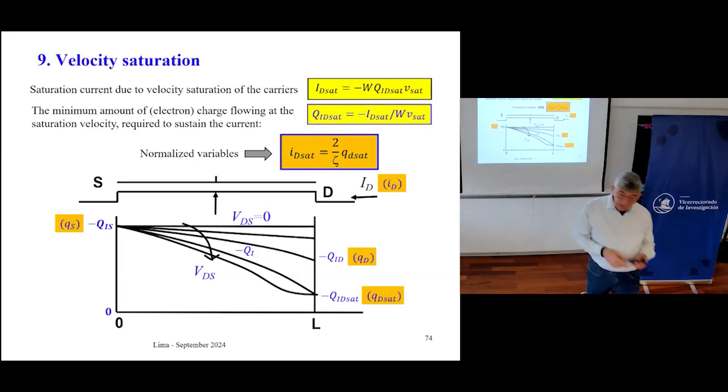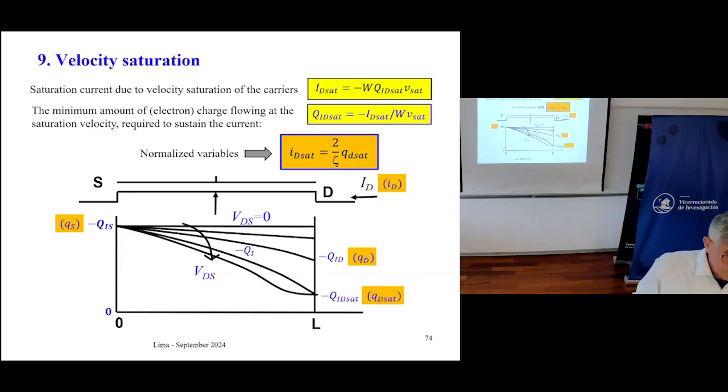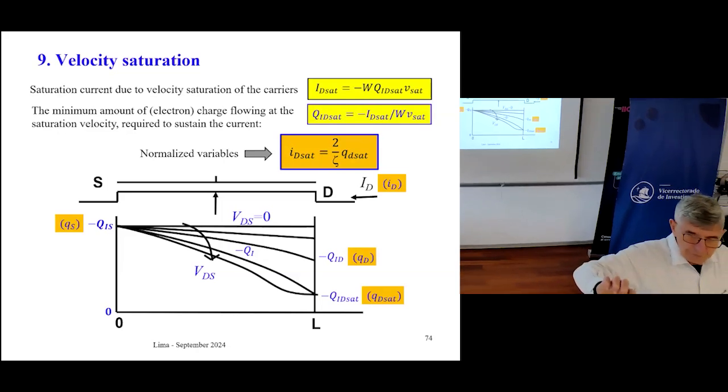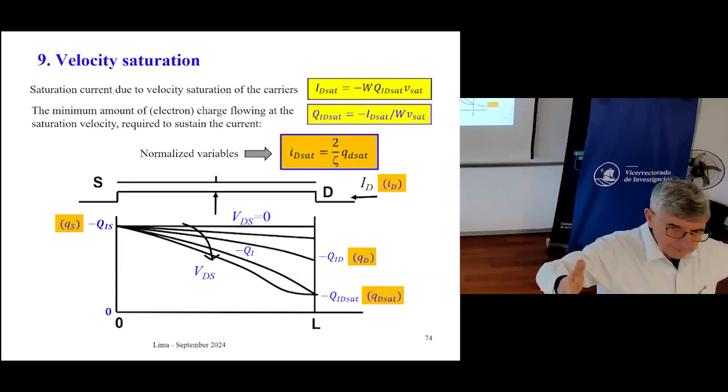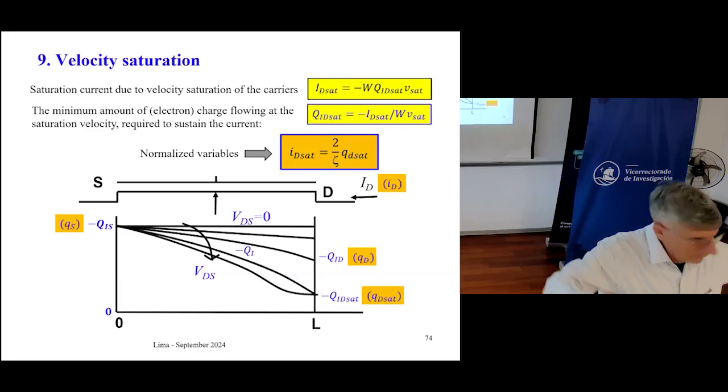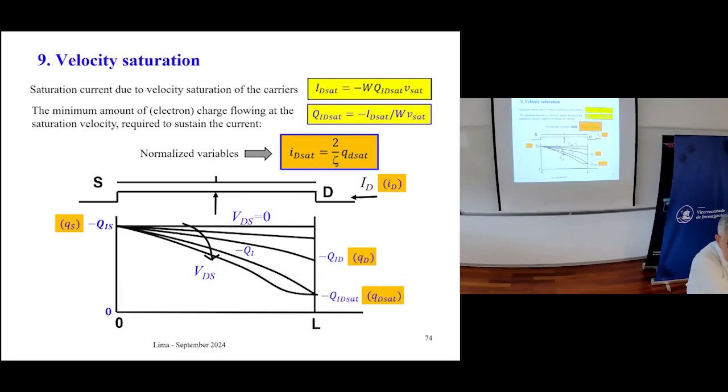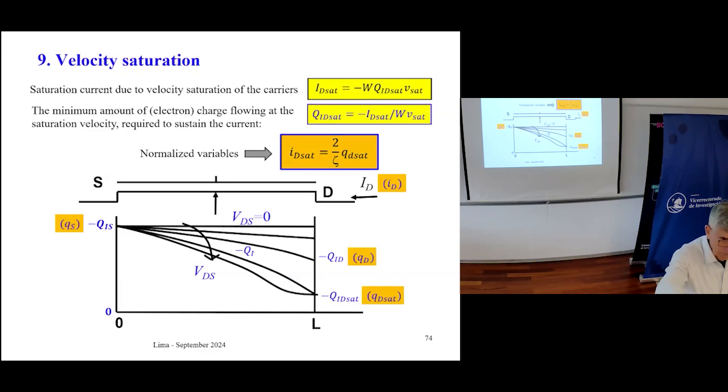Okay? It's like in a pipe. So assuming that first case, VDS equal to 0, you have a pipe which is uniform from source to drain. Now you increase the drain voltage. The pipe becomes thinner at the drain side. Here it's still thick. So you have a cone section.